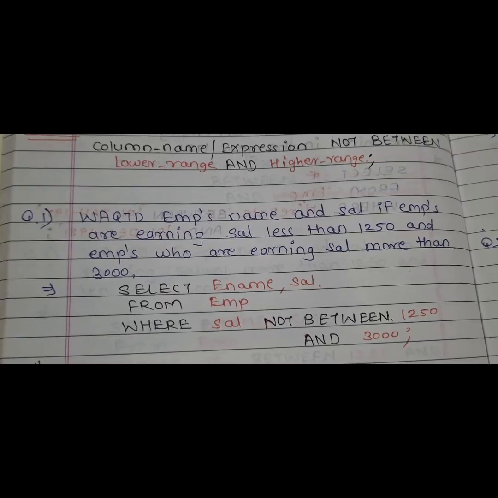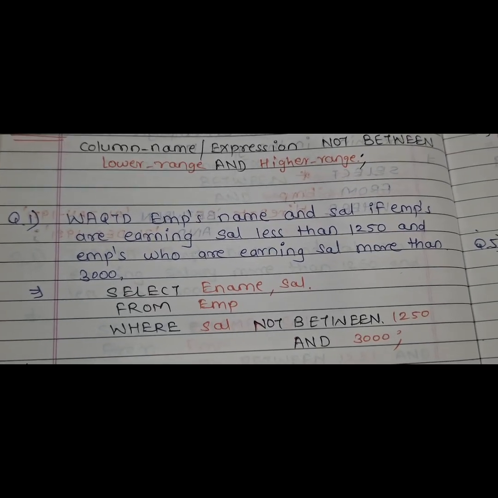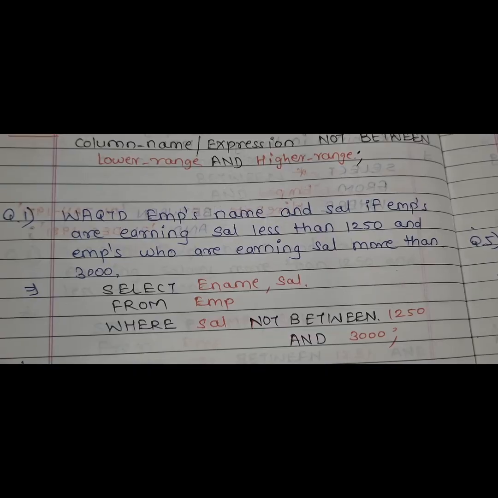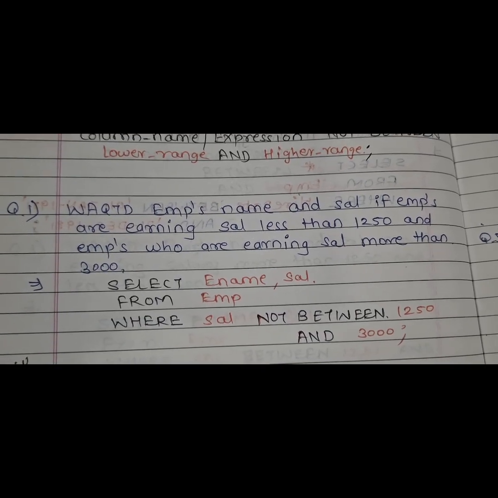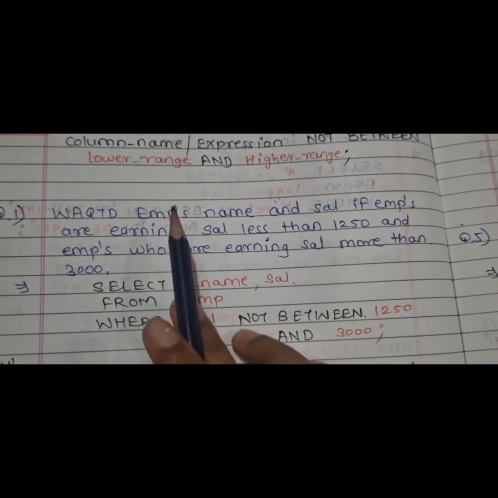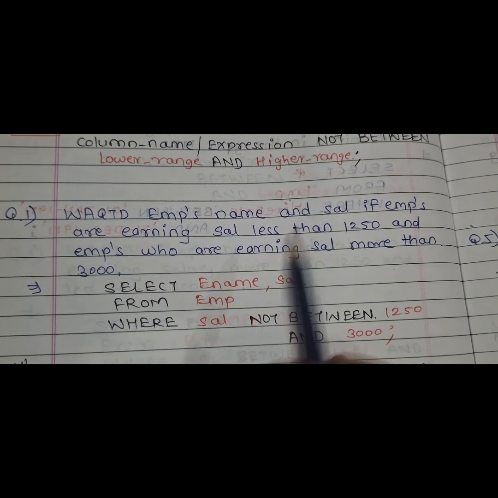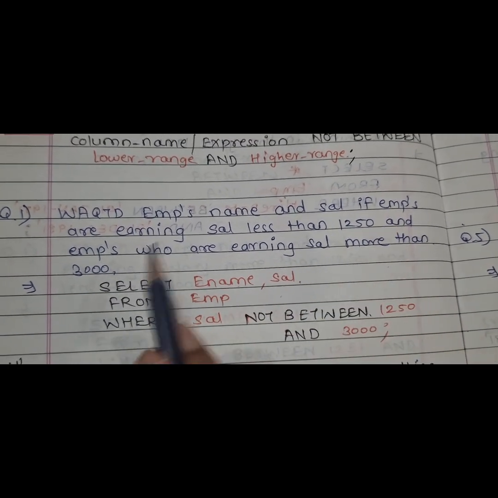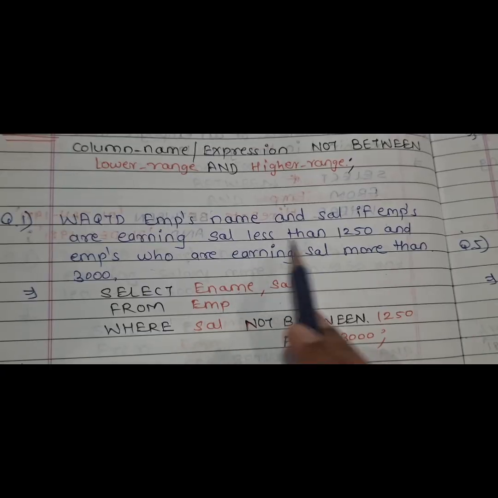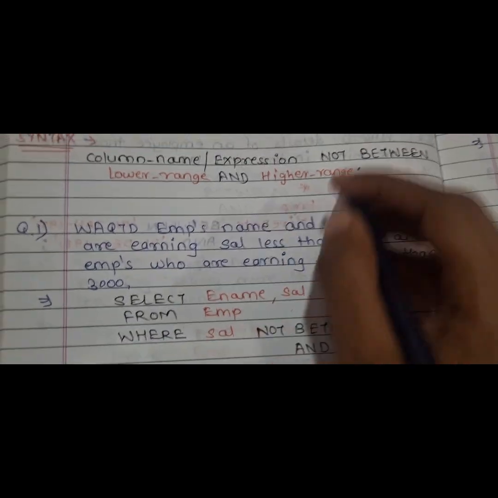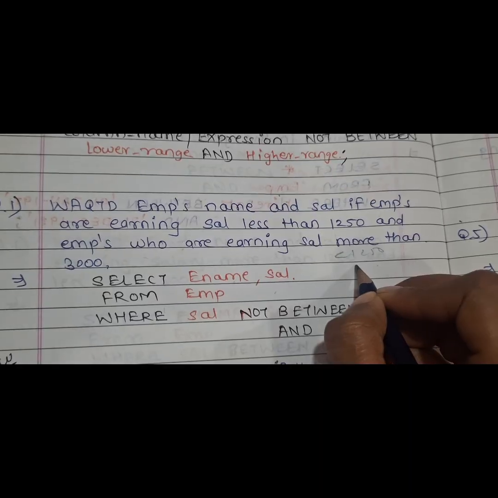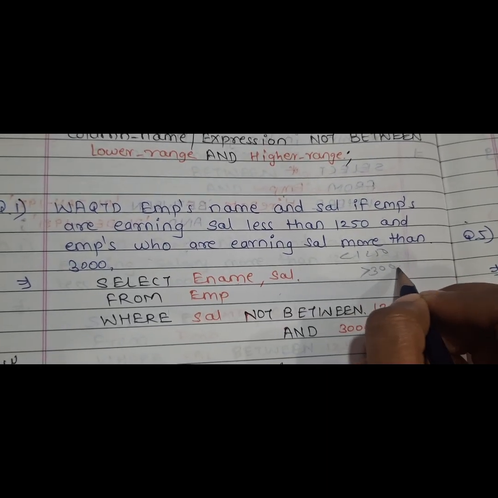Write a query to display employee name and salary if employees are earning salary less than 1250 and employees who are earning salary more than 3,000. So what we have to do? Display employee name and salary from employee table where employees are earning salary less than 1250. What does it mean? Salary less than 1250 and more than 3,000.